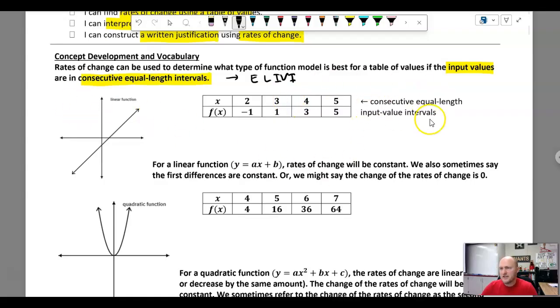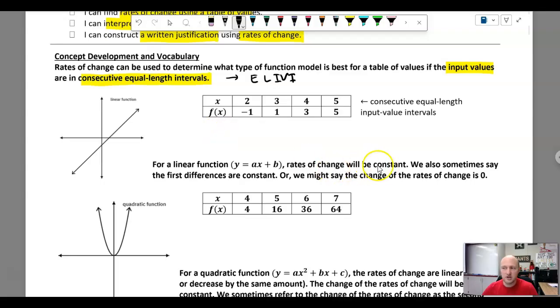You can see an example of this here. My input values are adding by 1: 2 to 3, 3 to 4, 4 to 5. Now, for a linear function, y equals mx plus b or ax plus b, rates of change will be constant. This makes sense because I have a constant slope.